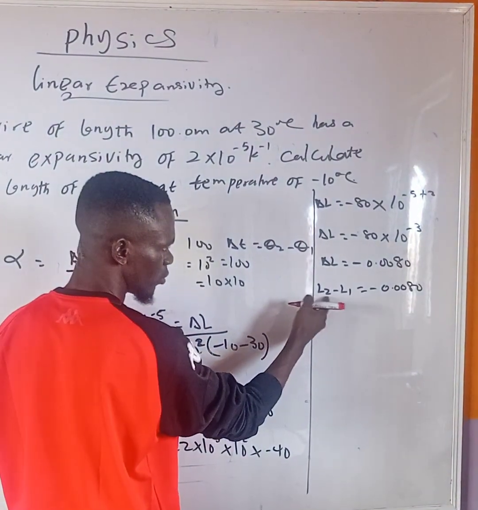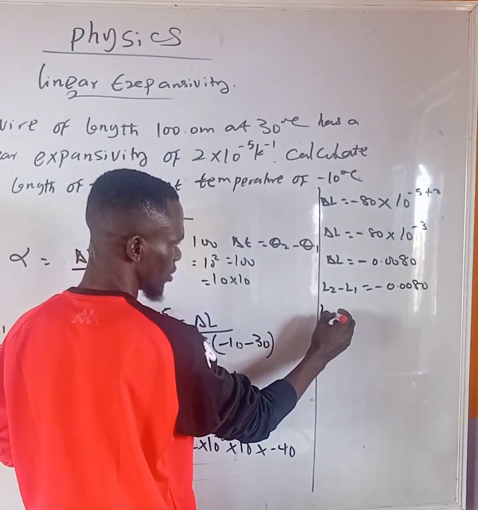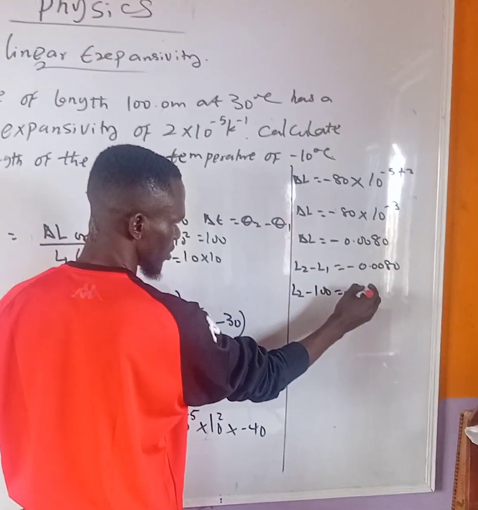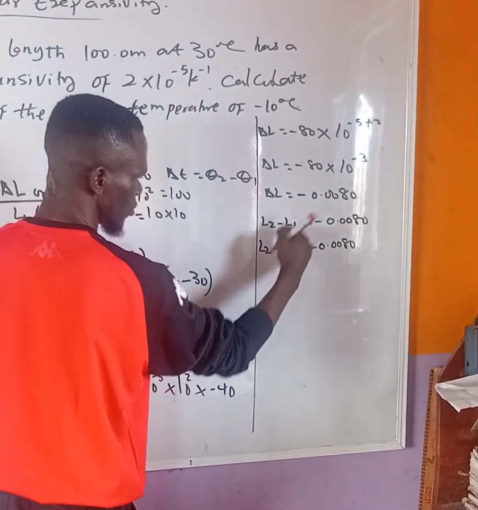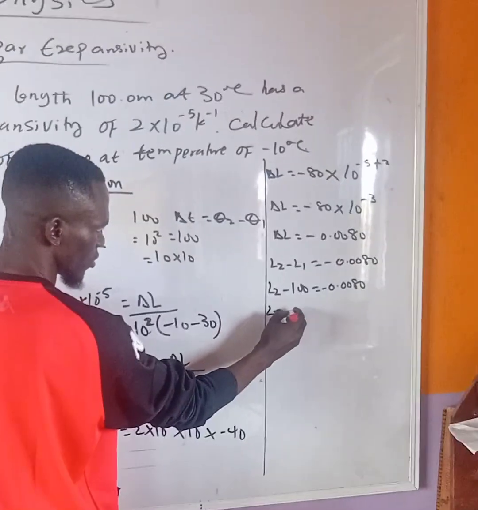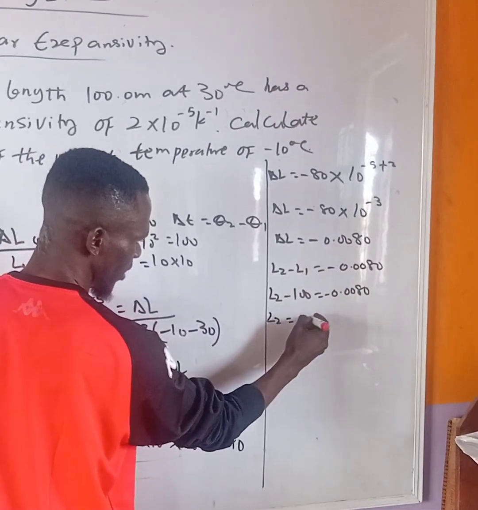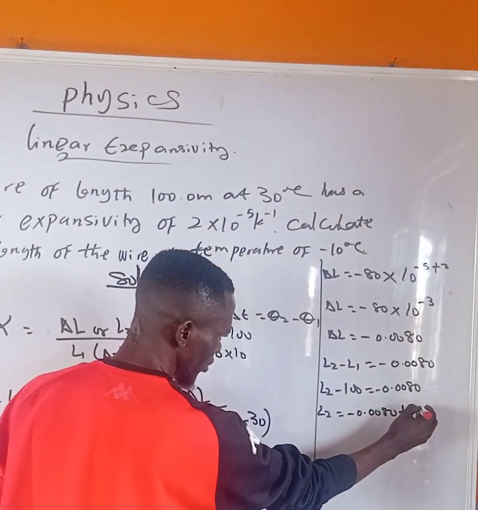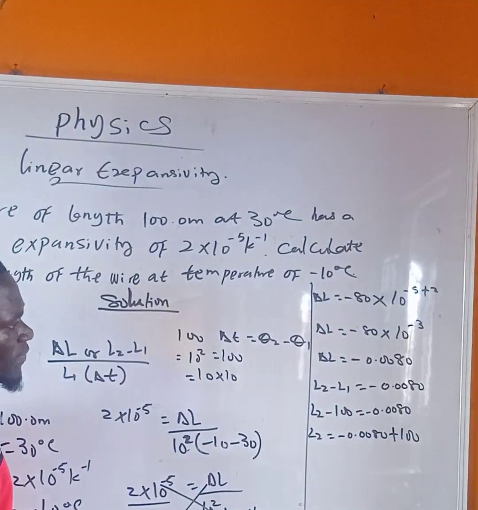That is definitely, we want to find this L2 here. L2 minus 100 equals minus 0.0080. So collecting like terms now, we're going to have L2 equals, so I'll change to plus, minus 0.0080 plus 100. So let's see what I'm going to have now, the final answer.